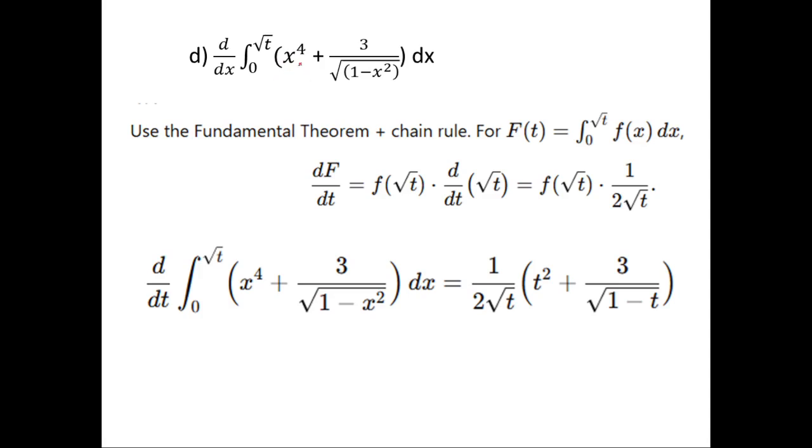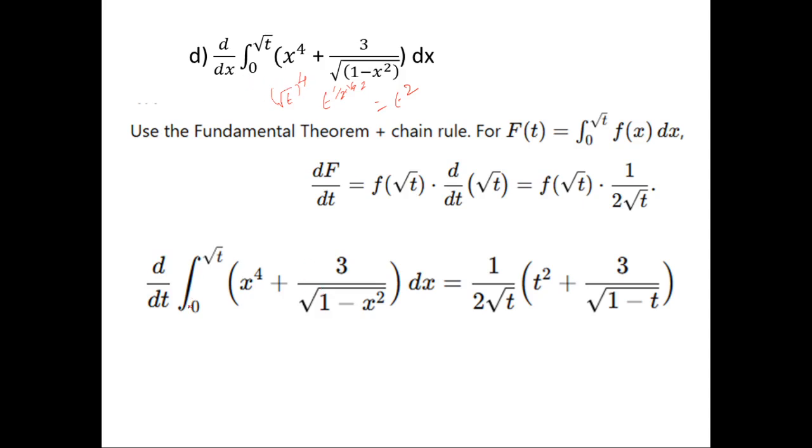Then this root x power 4 becomes root t whole power 4, that is t power 1 by 2 into 4, that becomes t square, and x square, that is root t whole square, is t.